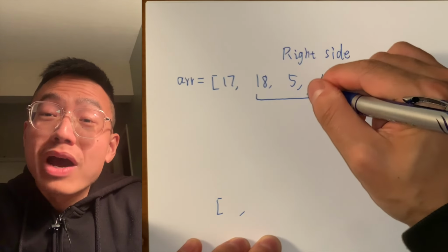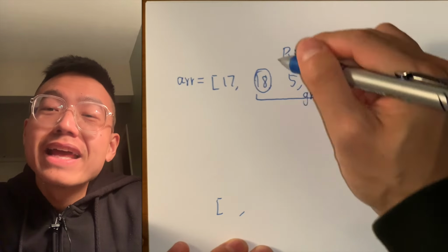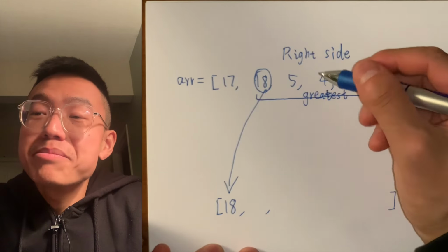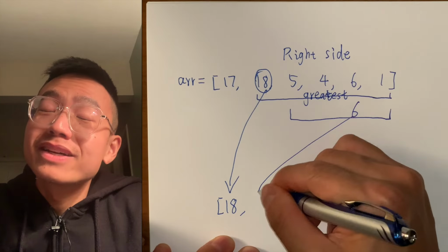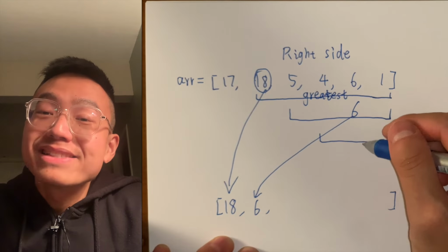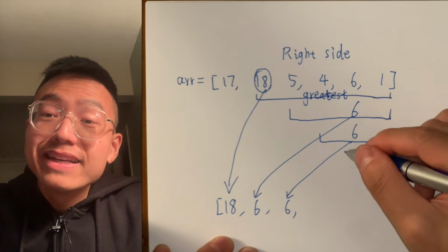Let's see the first example. First, we arrive at index 0. We want to write something here, and on the right side, the biggest number is 19. It is on index 1, and after we replace it, we move on to the right neighbor, index 1.